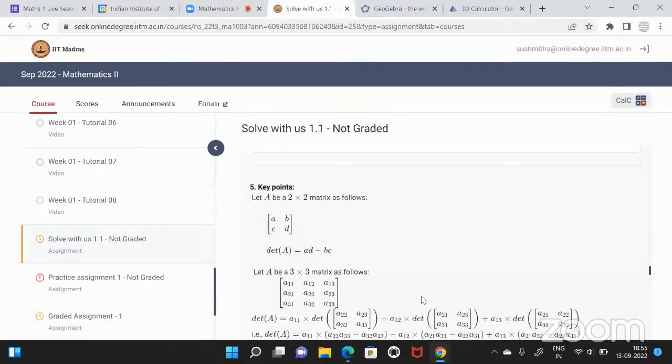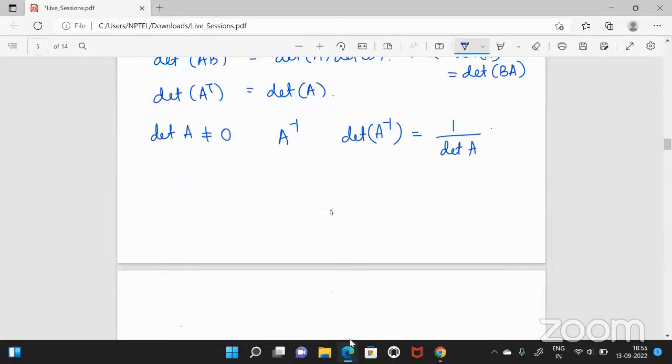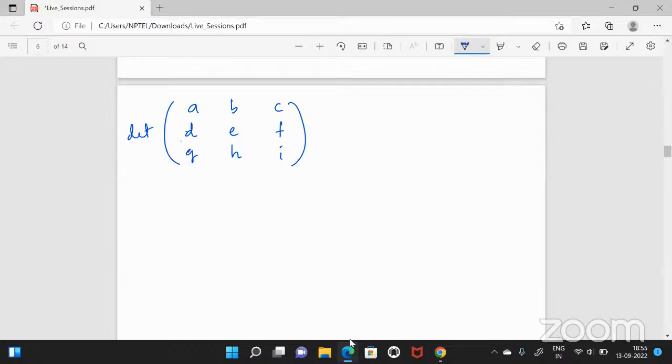Okay, fine. And then expanding. So how do we check the determinant of a 3 cross 3 matrix? So I have A, B, C, D, E, F, G, H, I. How do we expand and find the determinant? Okay, fine. So how do we find the determinant in the 3 cross 3 case?